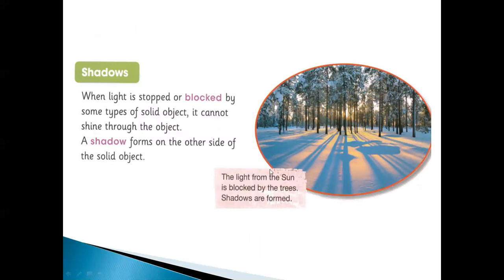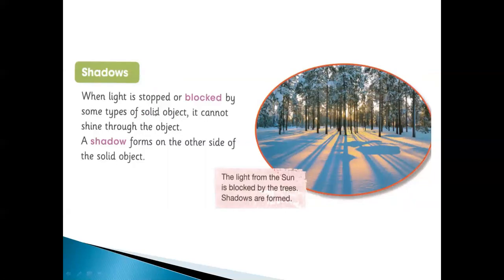Further, when light is stopped or blocked, you can see shadows, for example of the trees. The light from the sun is blocked by the trees. Like this, if you are standing with the sun in front of you, you are blocking the light, and behind you there is a shadow. So it is blocked by the tree.